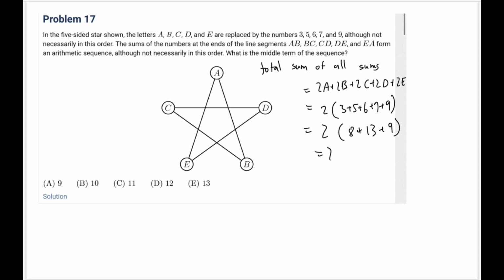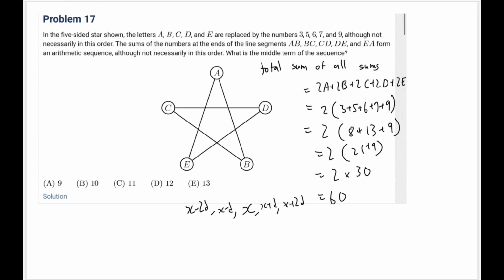So this is 2 times 30, right? So this is 60, right? And then the sequence would be, let's say that the middle term is x, then it's x minus 2d, x minus d, x, x plus d, and x plus 2d, right?